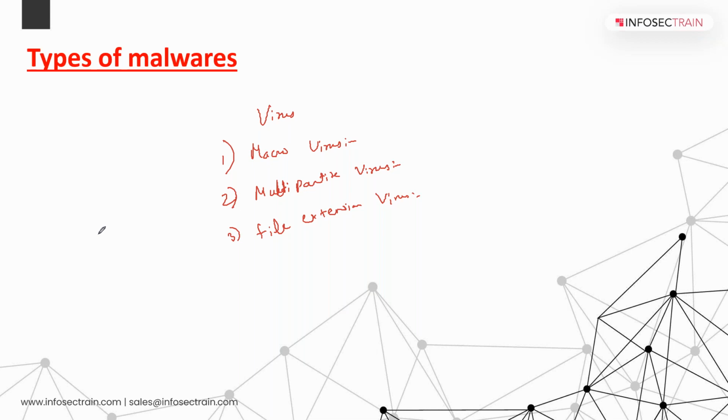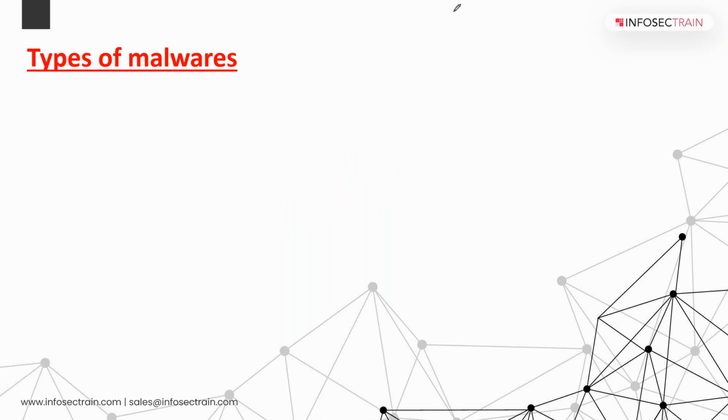Okay, so these are some of your viruses, and if you want to see, we can create some viruses as well. Let me quickly show you how that is done.